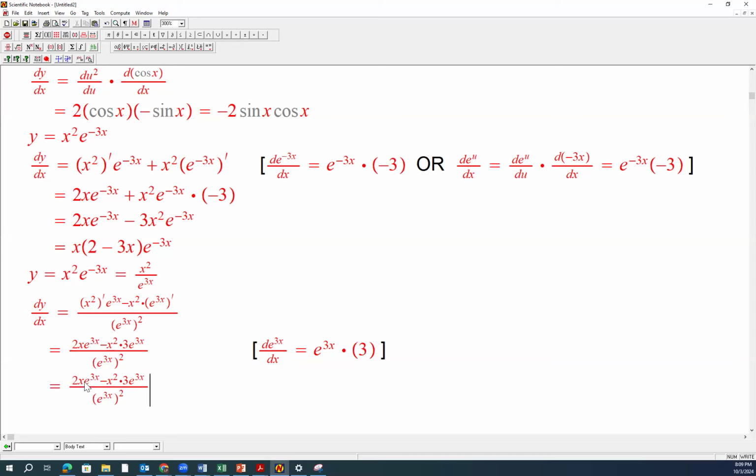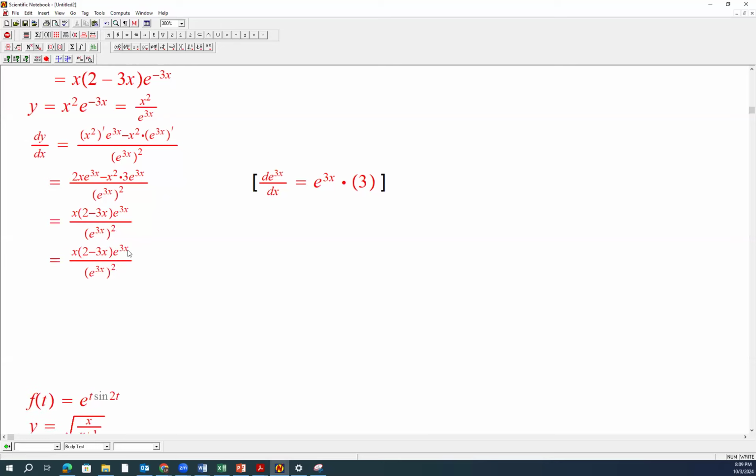Okay? And then you can simplify. You can factor out the e to the power 3x, right? You can bring the 3 to the front of x squared and factor out e to the power 3x. You can also factor out the x. And e to the power 3x, take away one of the e to the power 3x in the bottom.